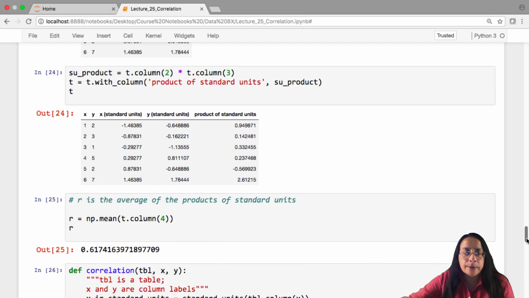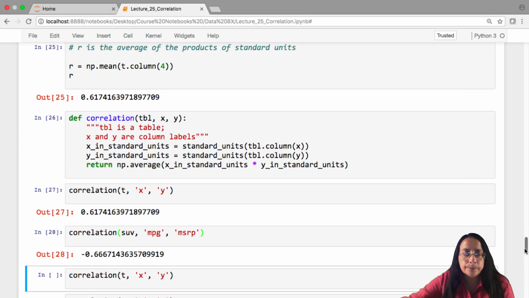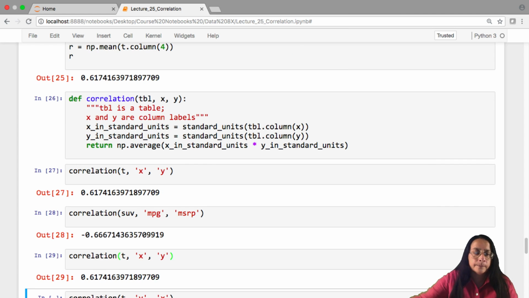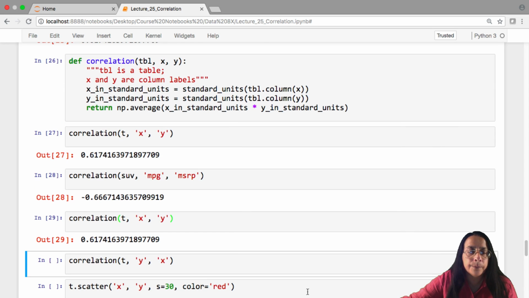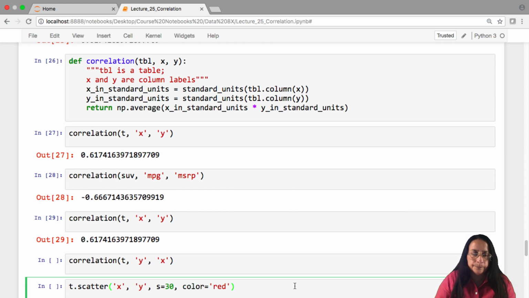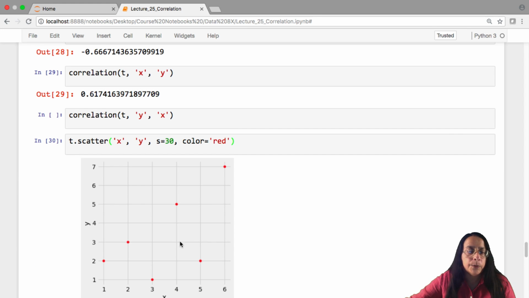One other aspect of correlation is worth noting. Our scatter diagram of the x and y points looked like this, and this is a scatter diagram that shows a correlation of 0.617 something.